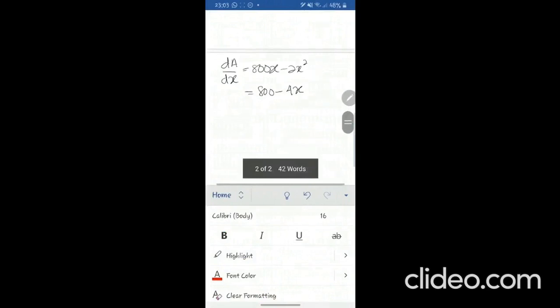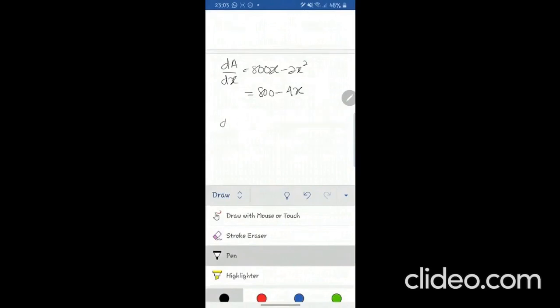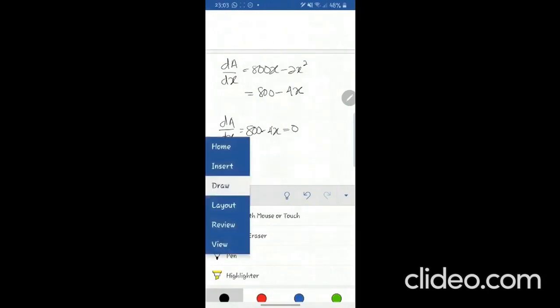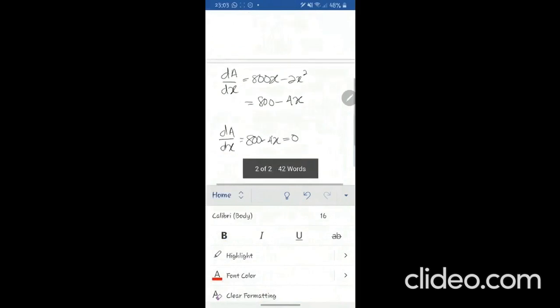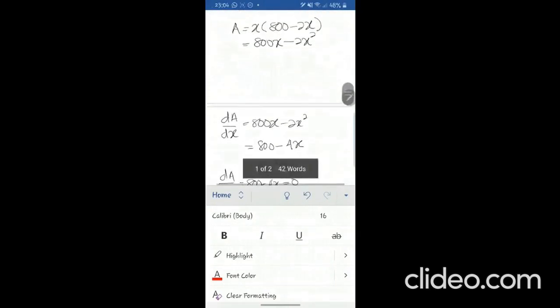So we will get dA over dx, 800 minus 4x equal to 0, like that. After we get the value of x, we need to transfer into this, and we will get the equation of the area, and then we need to differentiate it to maximize the area, like this.